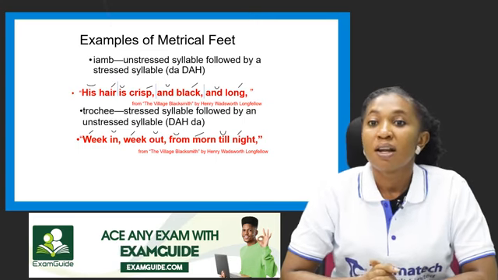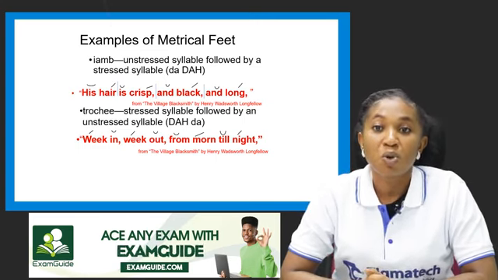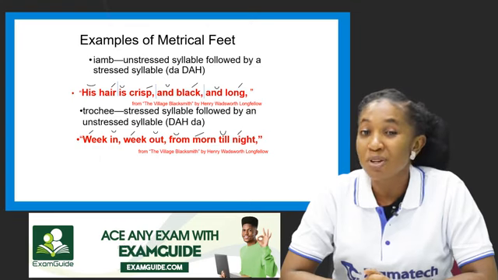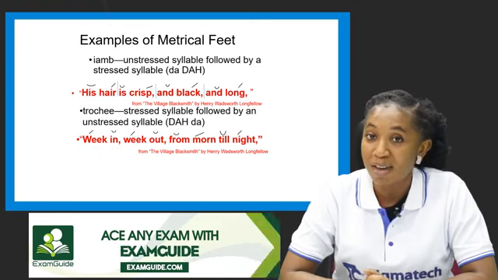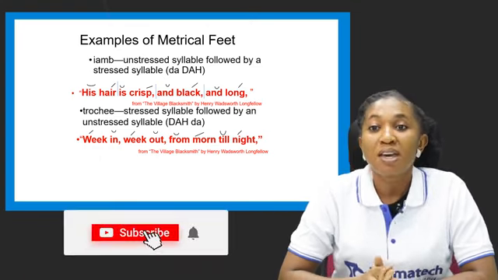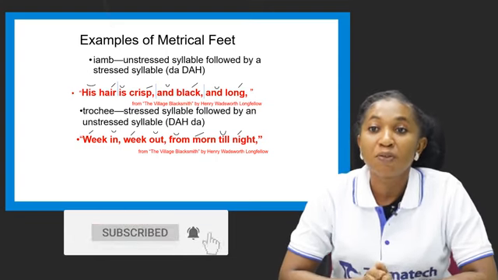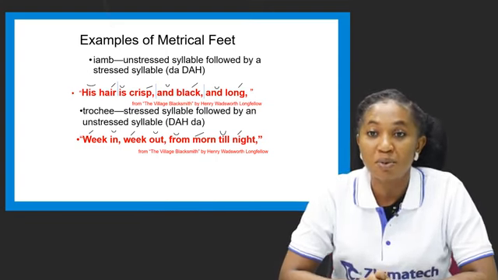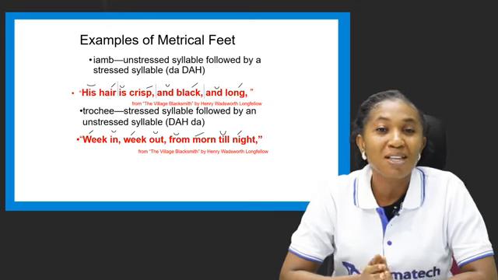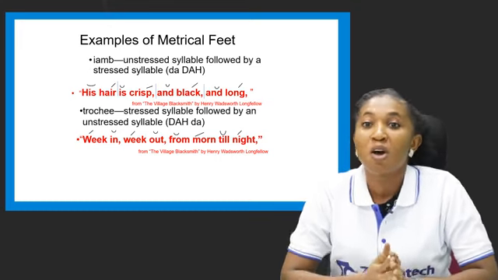Okay, let's look at the next one. The next one is trochee. It is pronounced trochee. Trochee is simply a stressed syllable followed by an unstressed syllable. So we can say that trochee is the opposite, or the reverse, of iamb.